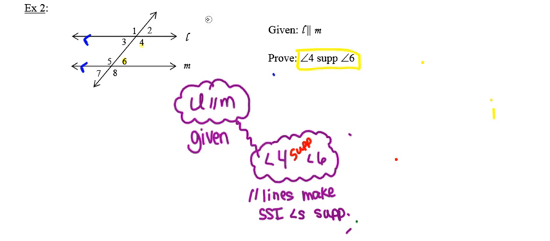Notice that in both of these statements that I used for example 1 and example 2, I started off talking about parallel lines first. The reason for that is that none of these angle relationships hold true until the lines are parallel. So it's very important that you talk about that special given statement first.